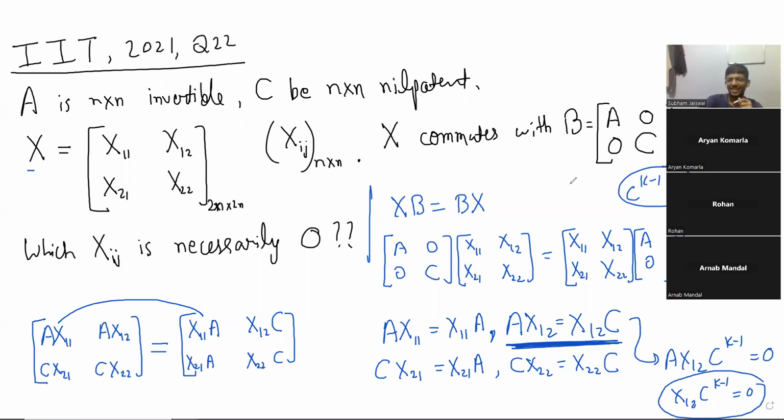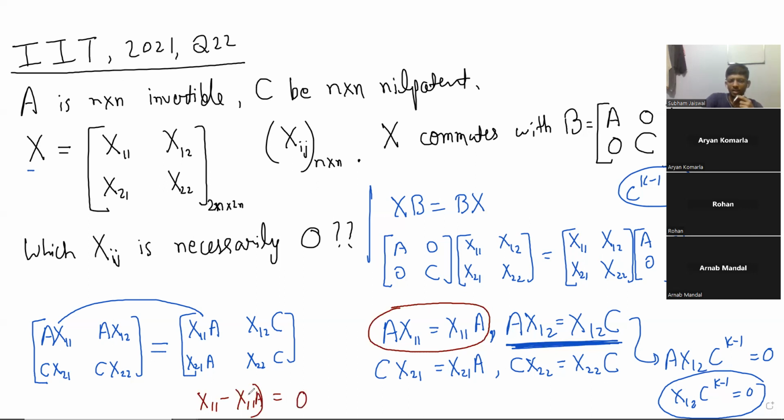Actually, I was thinking that the equation ax11 equal to x11a and the equation cx22 equal to x22c, we can write it as ax11 minus x11a equal to 0, and cx22 minus x22c equal to 0.